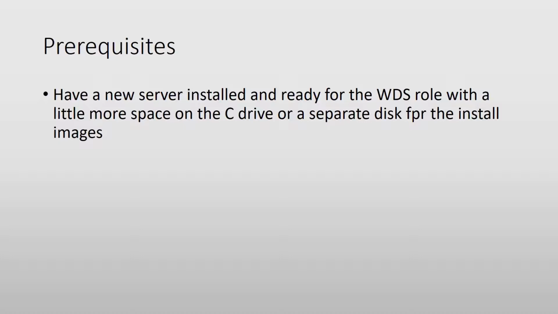This is needed because in this video we are going to import the Windows image on this server, and who knows, maybe in the future we may do more things with this server. I have added a disk of 70 gigabytes as the C drive, just in case.